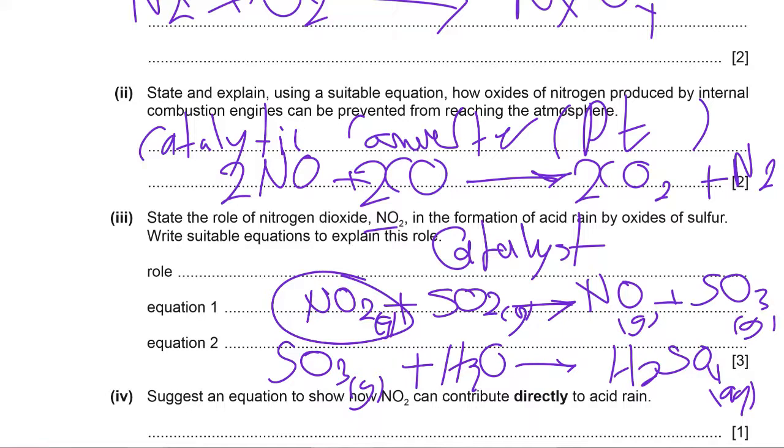But here, if you have nitrogen dioxide, you don't need the vanadium oxide. Why? Because the nitrogen dioxide is already a catalyst. What's the type of this catalyst? It will be homogeneous. Homo means the state of matter of the catalyst and the reactants are in the same phase, so it will be homogeneous.